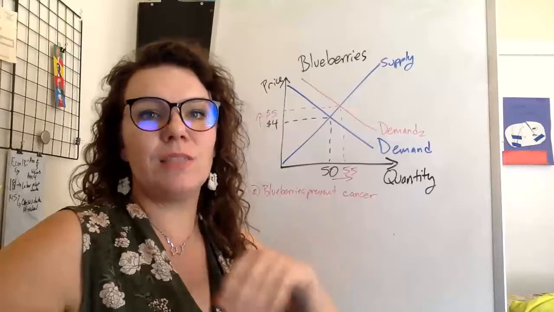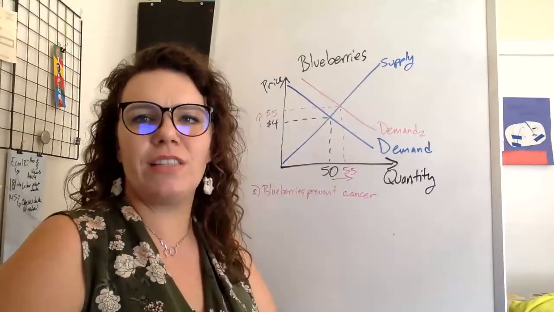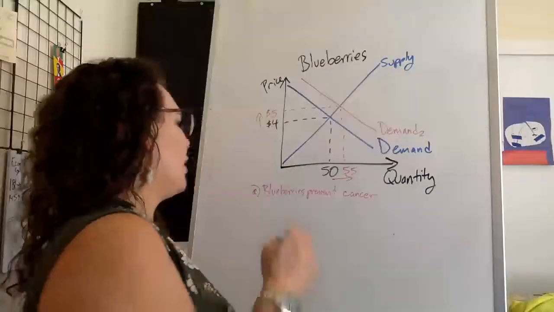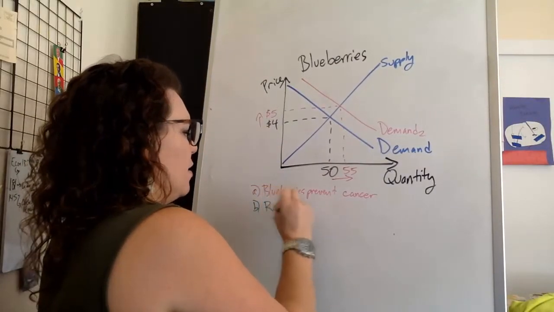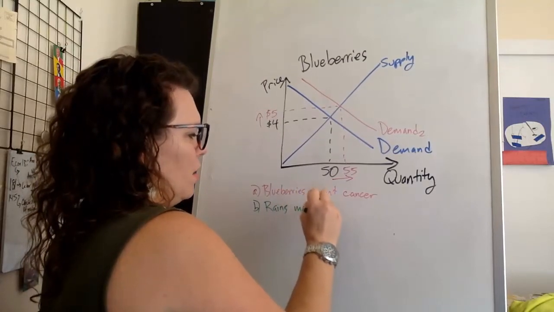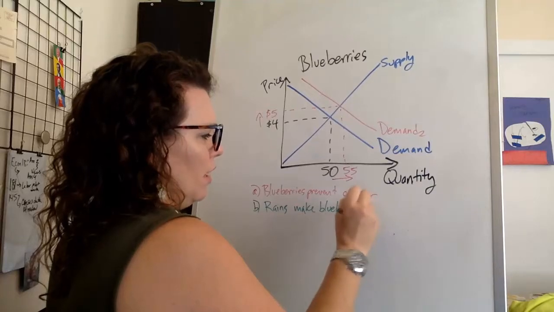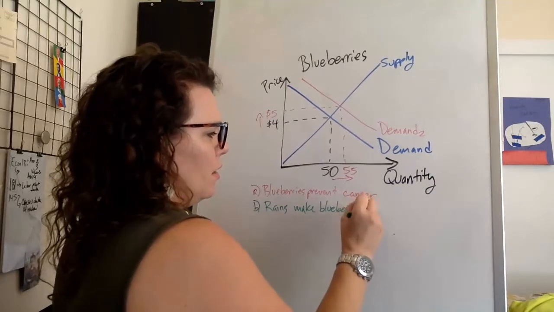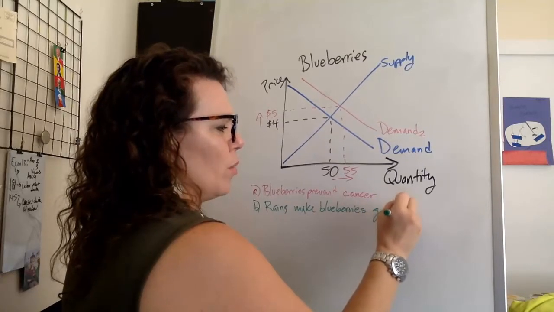Next part says, suppose early rains have made blueberry crops less successful. Graph the effect and describe the changes in equilibrium quantity and price. So now we have rains make blueberries go bad, right? The crop is less than it would have been normally.